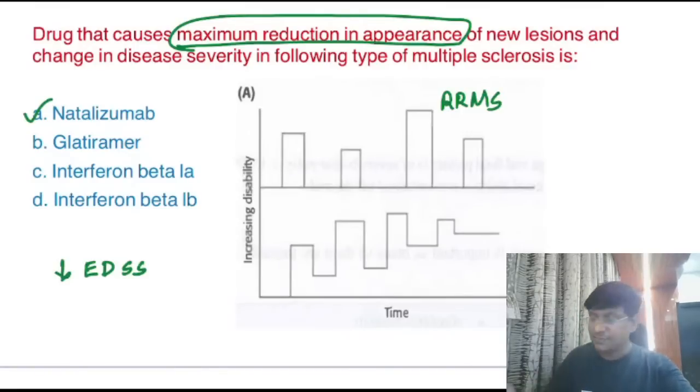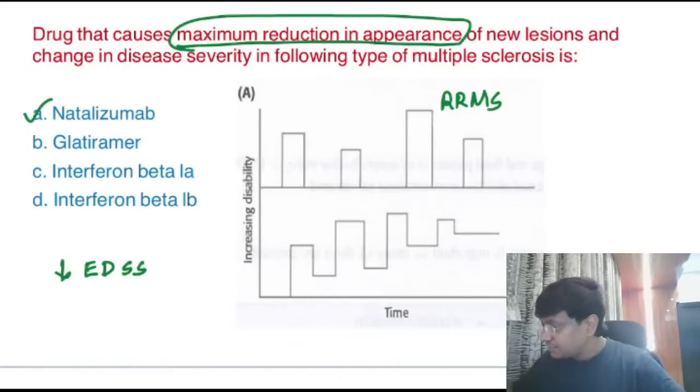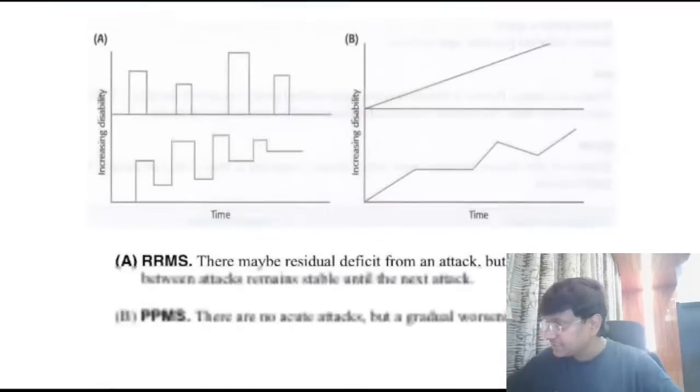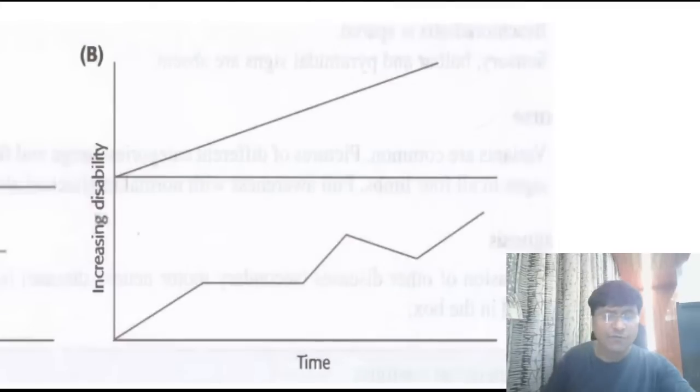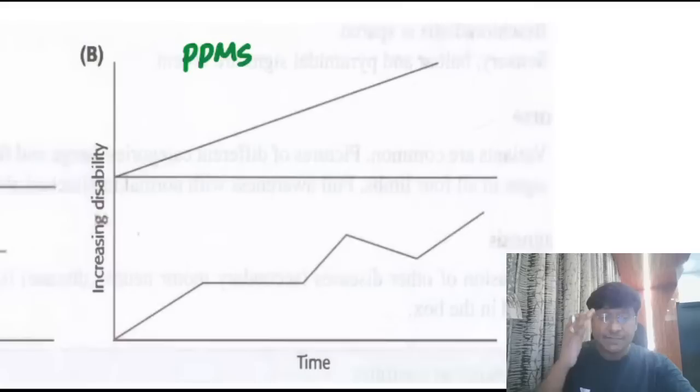Okay, so that was about your RRMS, relapsing remitting multiple sclerosis. Now you take the other patterns of multiple sclerosis. If you see this pattern here, what form of multiple sclerosis do we call this? This is nothing but your PPMS, primary progressive multiple sclerosis.